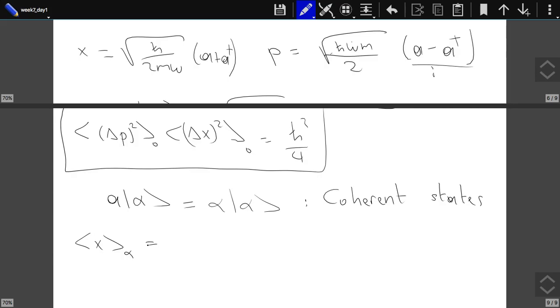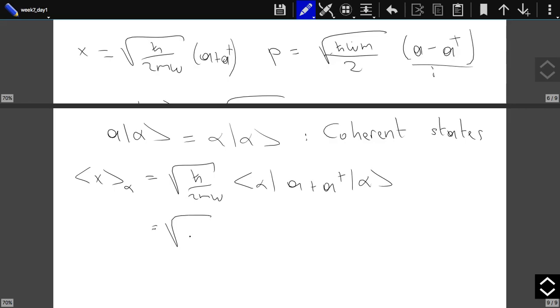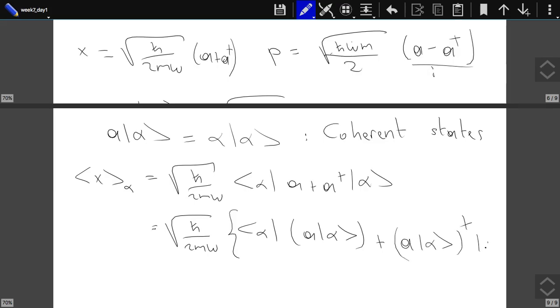Well, this is equal to square root of h bar over 2m omega, alpha, a plus a dagger, alpha. This is square root of h bar over 2m omega, alpha multiplied with a alpha, plus a dagger acting on the ket alpha.